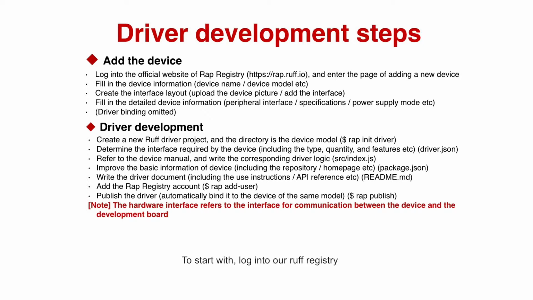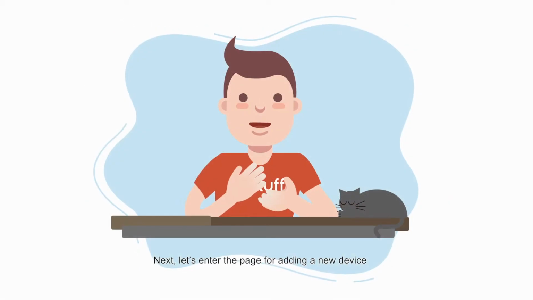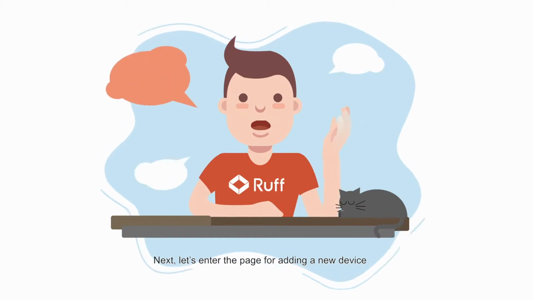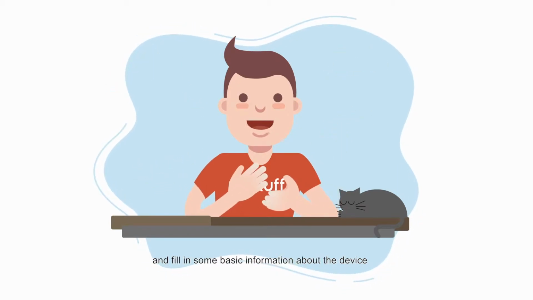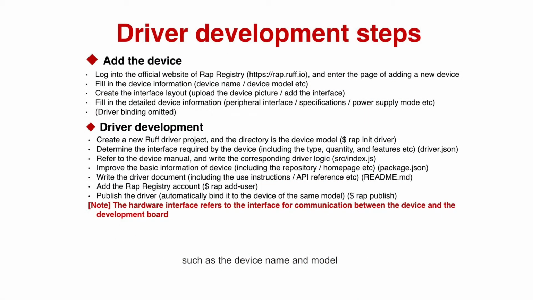To start with, log into Ruff Registry, the official website of the software repository, and then register an account. Next, let's enter the page for adding a new device and fill in some basic information about the device, such as the device name and model. Next, we should create the interface layout and upload a picture of the device. Add the external interface of this device in the picture.